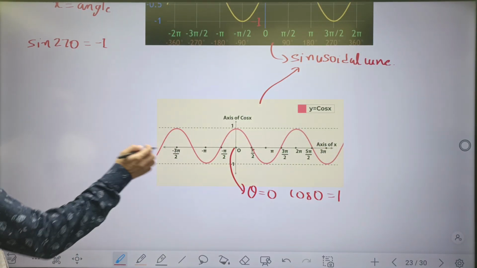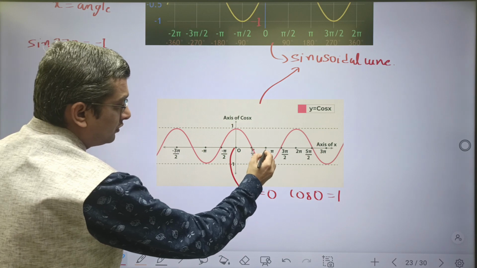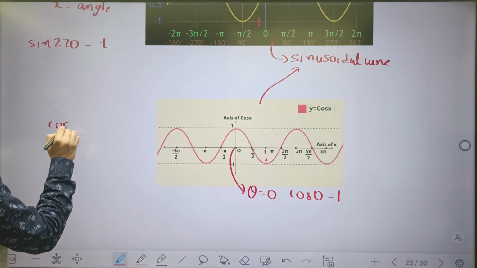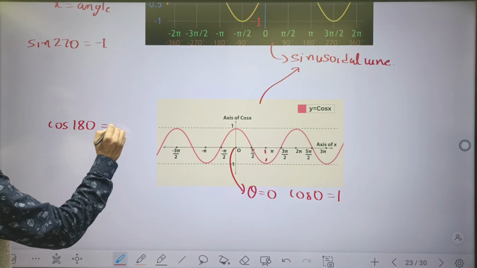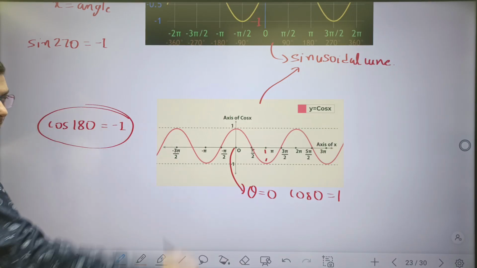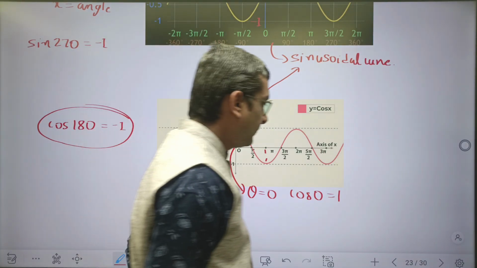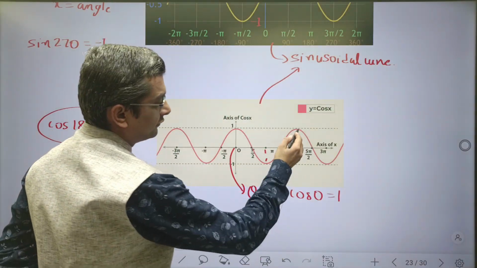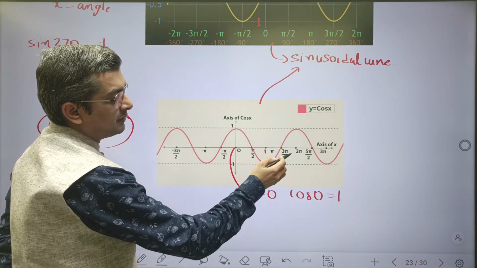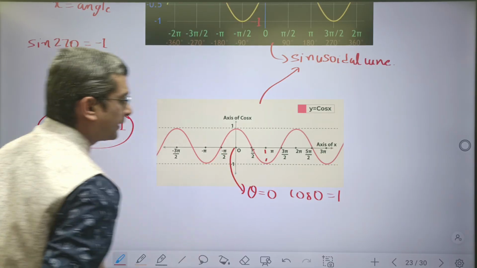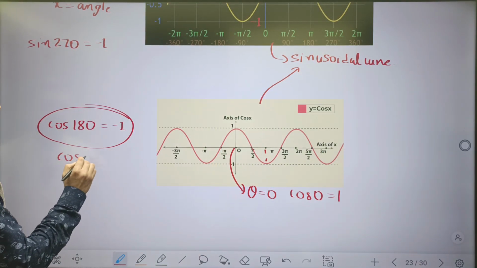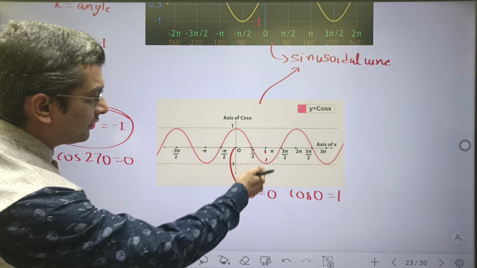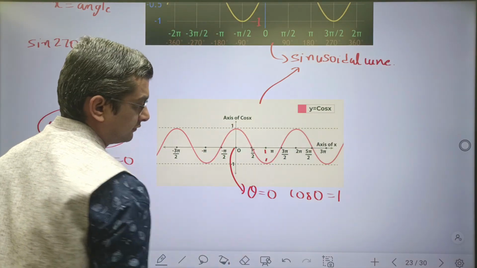Observe carefully, cos pi, that is cos 180, is minus 1. And there are many more values. Again, here cos 360 is 1. This is 3 pi by 2, that is, cos 270 is 0. In this way you can find many values, and this is the graph.